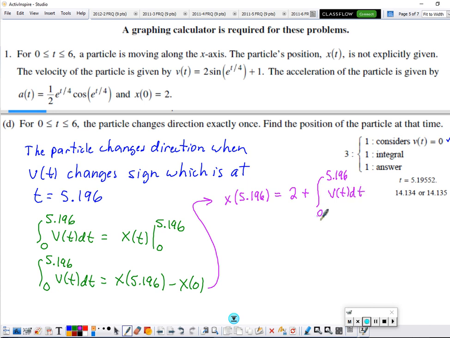So if you have this integral written down, you get this point. And then if you work it all out on your calculator and come up with 14.135 or 134, then you get the last one.